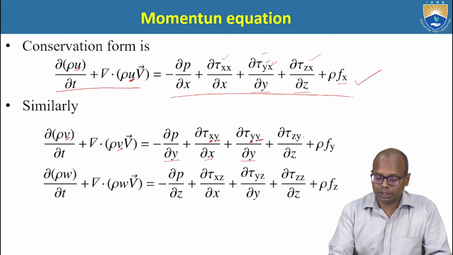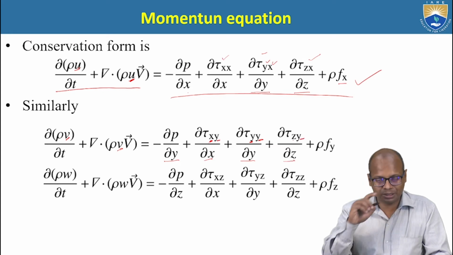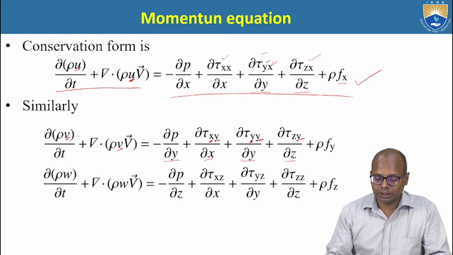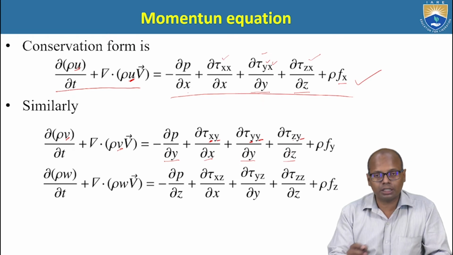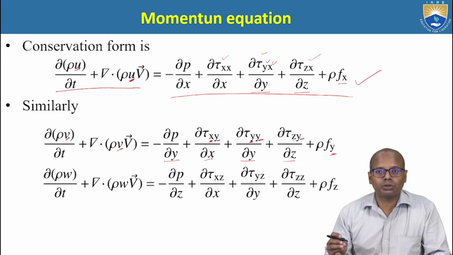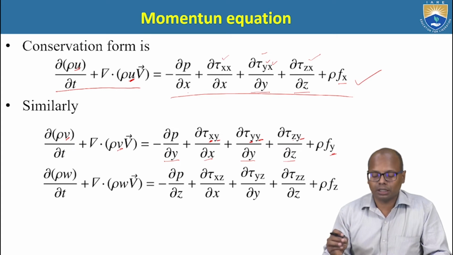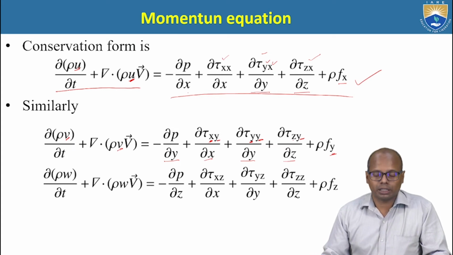It is acting in y direction and changing in z direction, so partial differentiation with respect to z. So the common thing is, all these are acting in y direction but changing in x, y, z directions. And this one is the component of the body force per unit mass in the y direction.